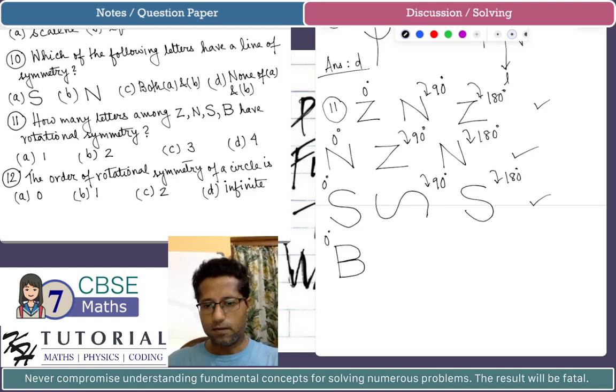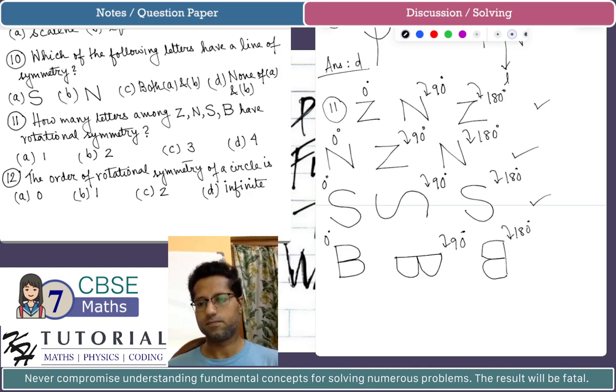It will look like this. So this is the letter B after a 90-degree clockwise rotation. It is not looking identical. Okay. If you rotate the letter B 180 degrees clockwise, it will look like this. This is the letter B after a 180-degree clockwise rotation.